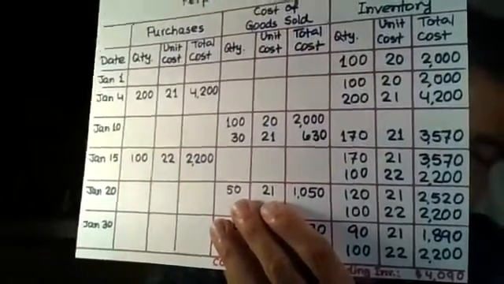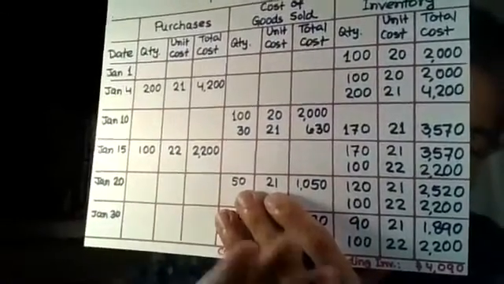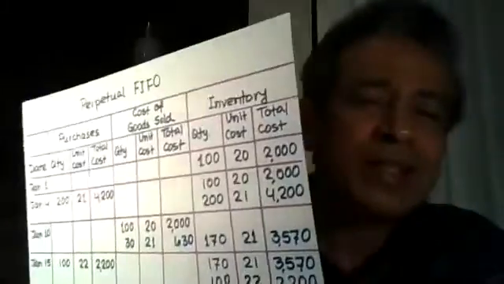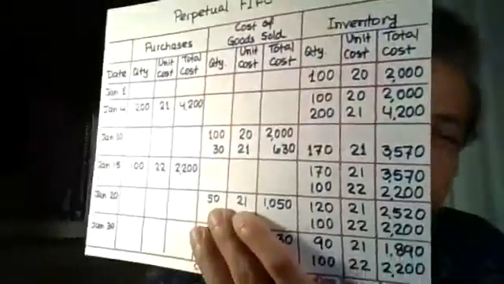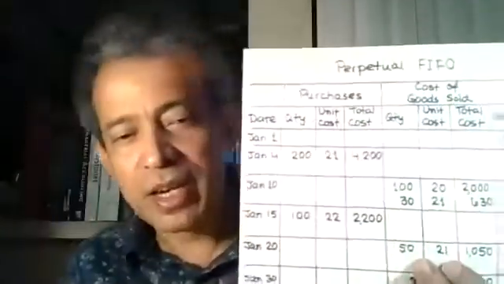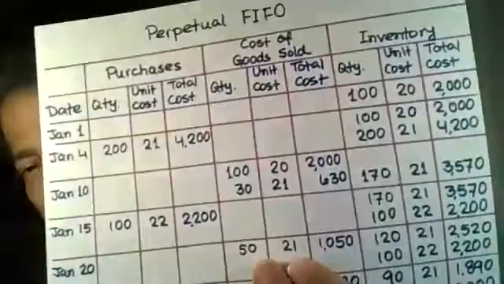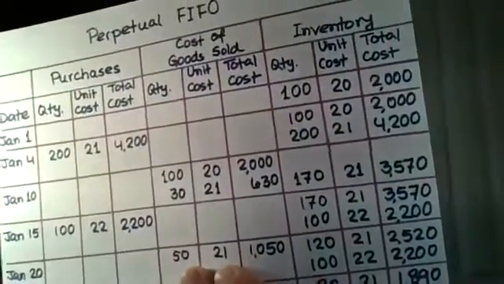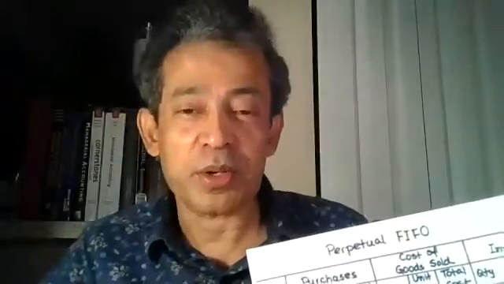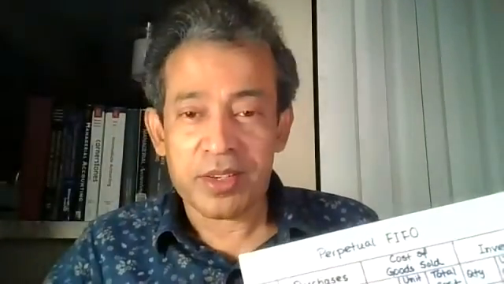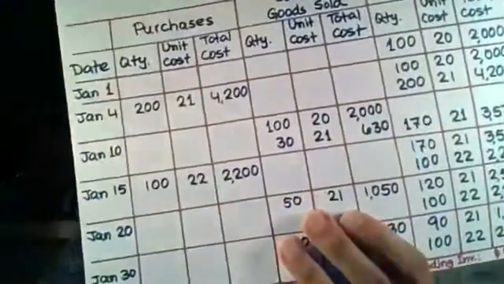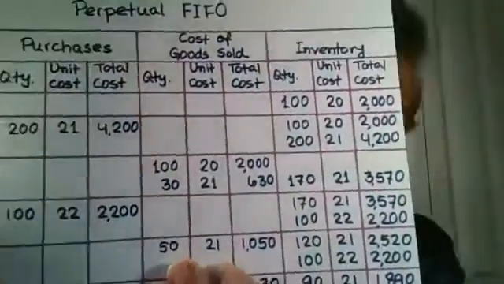With the FIFO assumption, you could have picked it up from anywhere. These are identical goods. You are free, if your manager allows and your company doesn't have a particular policy. If you run a restaurant, of course I'd like you to use the older cilantro, coriander, first before the fresh ones, because it goes stale.